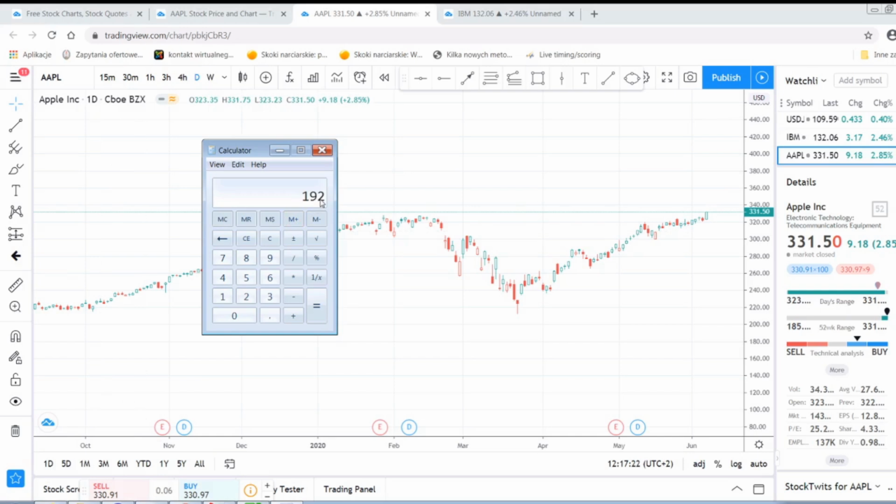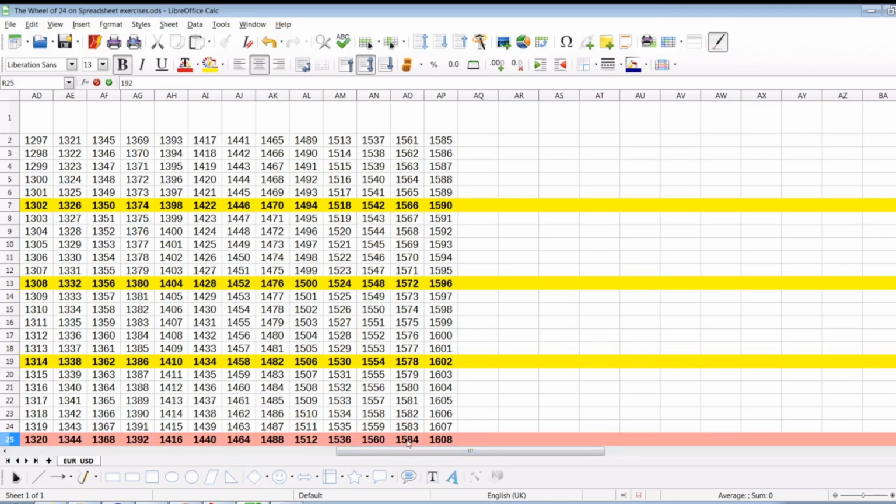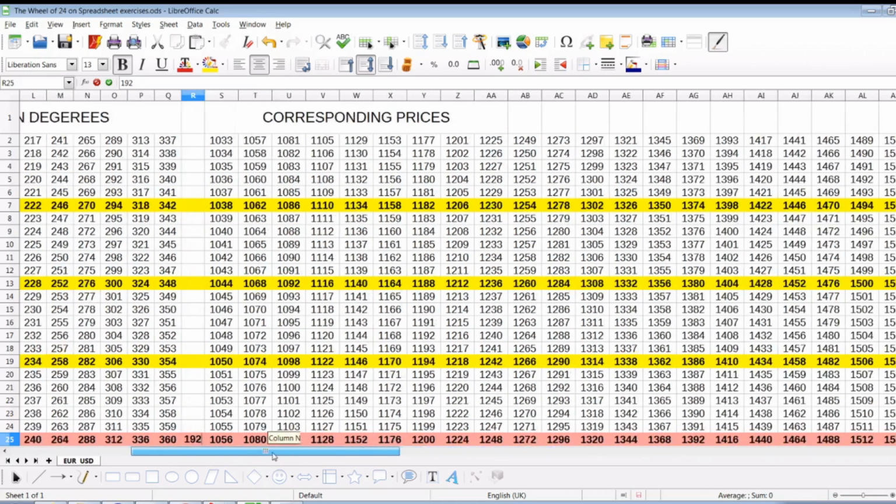In the case of Apple stock, the end of the cycle is 192. You remember, 8 multiplied by 24 makes 192. So 192 should be over here. This is the end of Apple, the end of the stock.